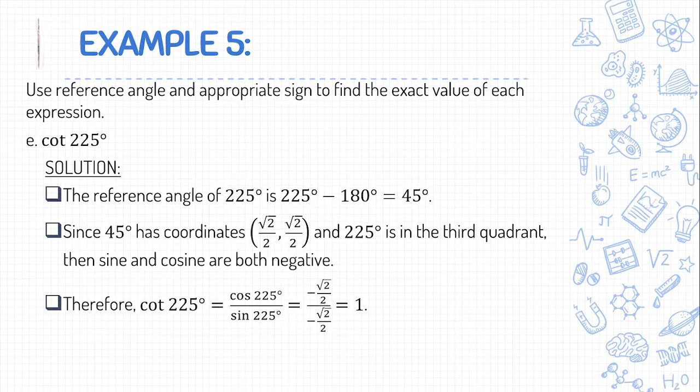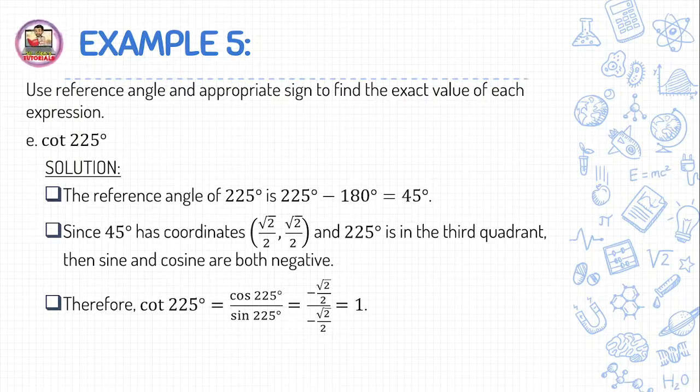So that is how we obtain the exact value of the different circular functions using the reference angle and of course using the coordinates that we obtained in the first quadrant. So if the given angle is in degree measure, then madali lang siya.